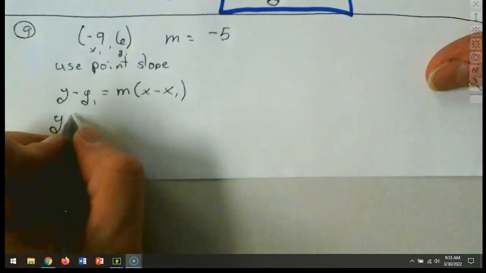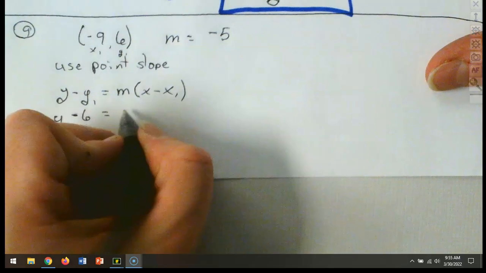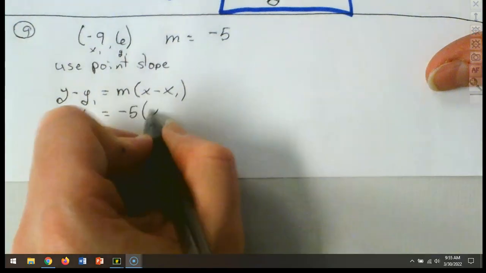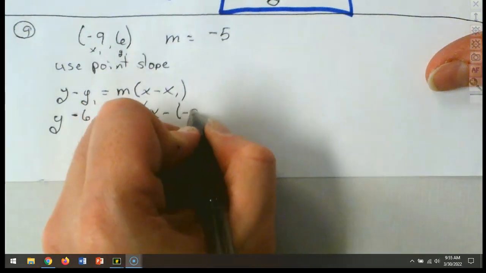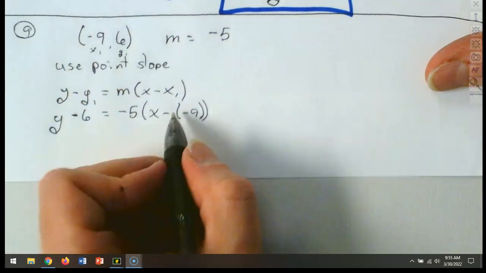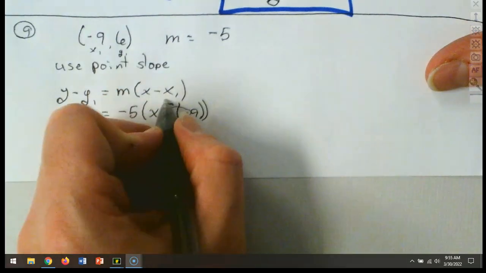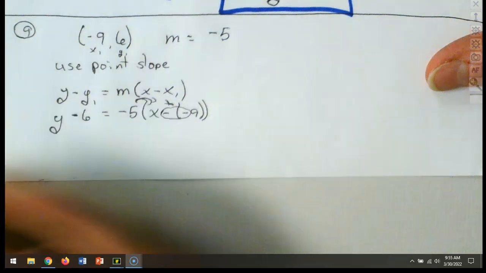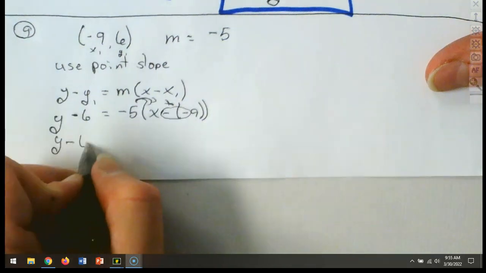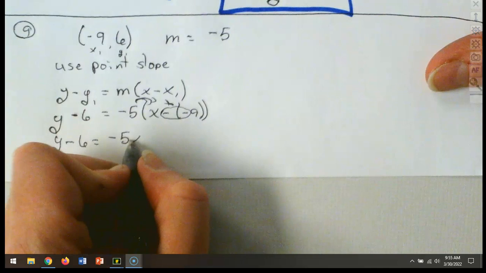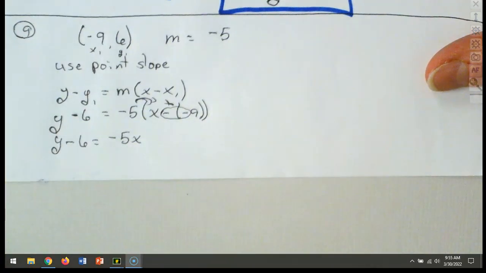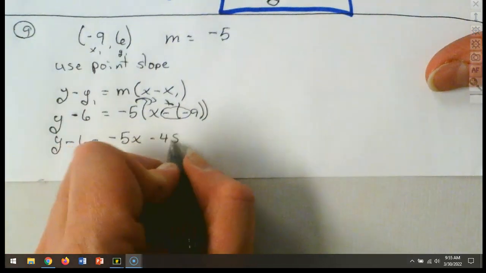So that's y minus 6 equals minus 5 times x, watch your signs, minus a minus 9. Double negative makes that positive, distribute through. So y minus 6 equals a minus 5x minus 45.